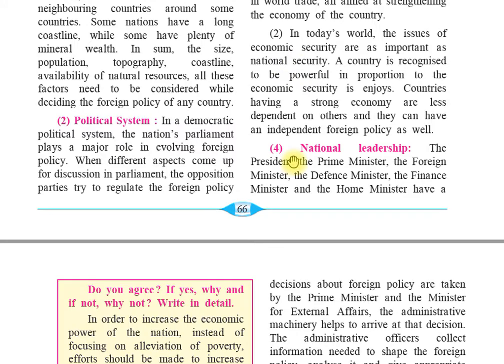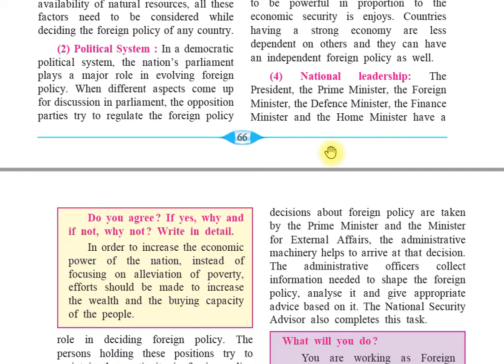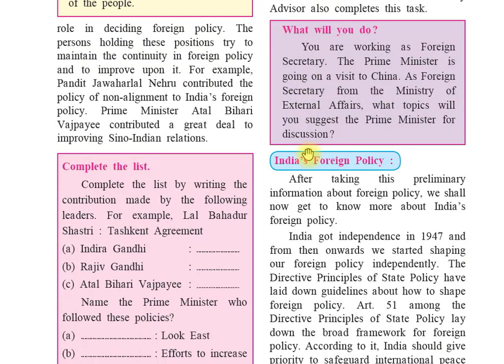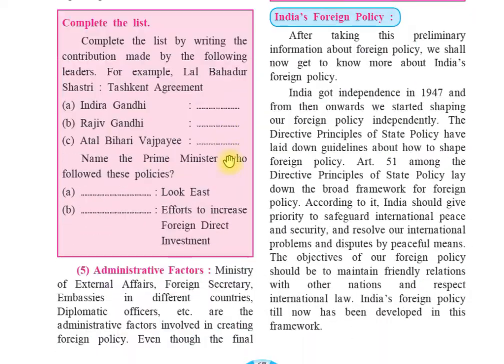Then point number four was national leadership. The president, the prime minister, the foreign minister, the defense minister, the finance minister, and the home minister have a role in deciding foreign policy. And number five, administrative factors.